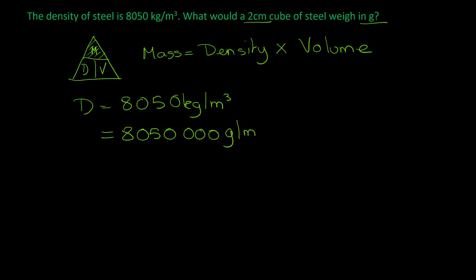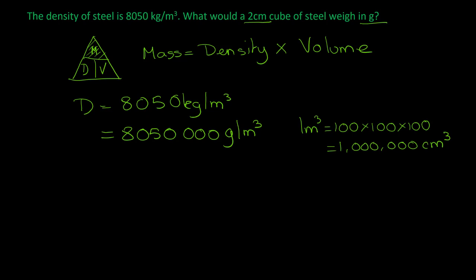grams per meter cubed. Now we need to change the meter cubed element into centimeters cubed. So 1 meter cubed is the same as 100 times 100 times 100, which is 1 million centimeters cubed.